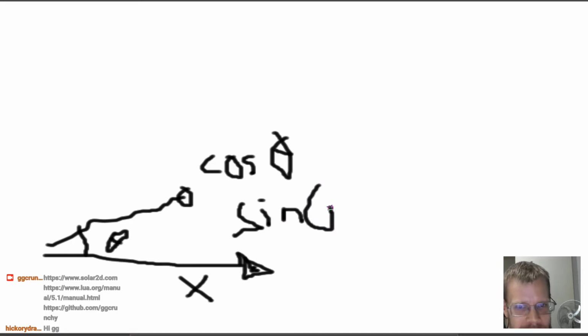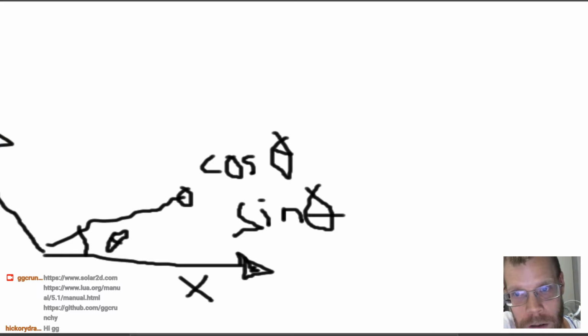It's all the grace of the mouse. 90 degrees from that, up here, and we can find this by plugging into some formulas.